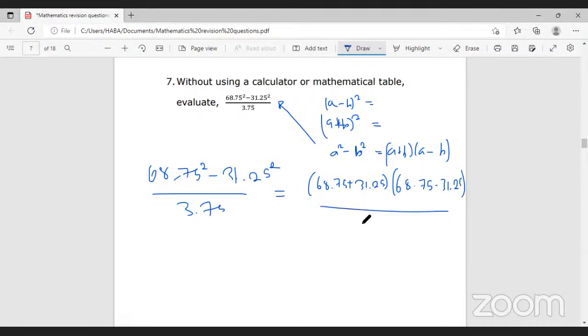Then we divide by 3.75. After showing that step, we are now free to use a calculator.